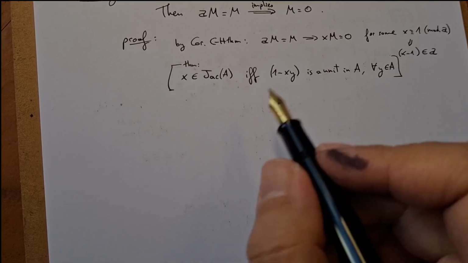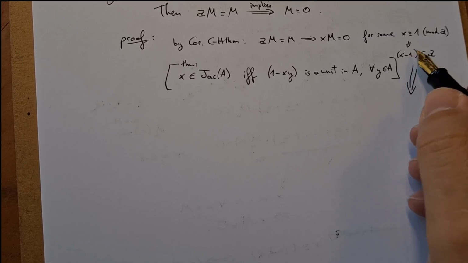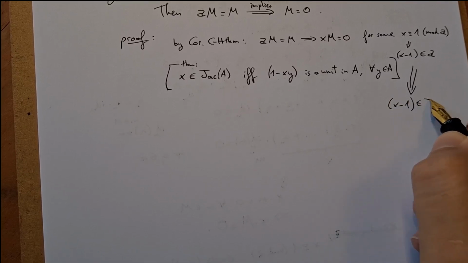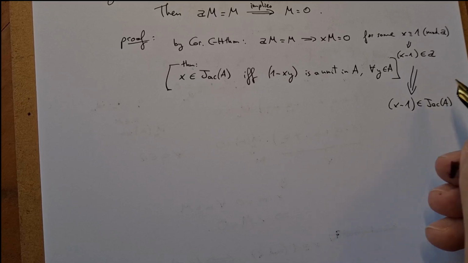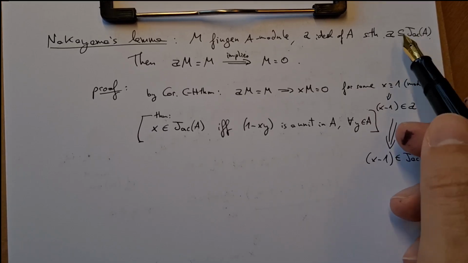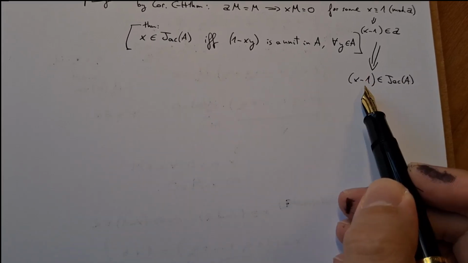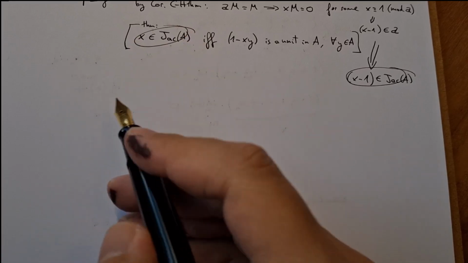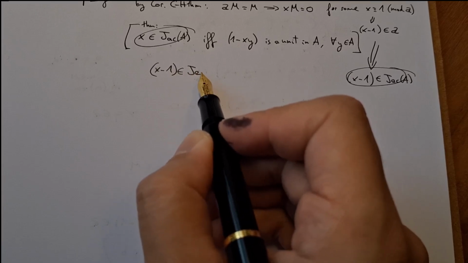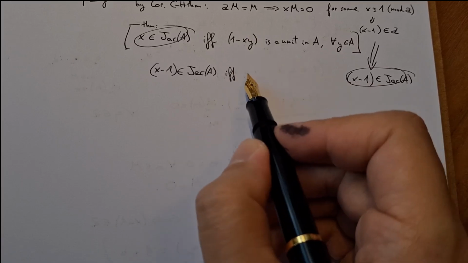So we're going to use this. Since x minus 1 is an element of this ideal, this means that x minus 1 is an element of the Jacobson radical of A, because the ideal is a subset of the Jacobson radical of A. So then we have this, and you can see that this is quite similar to the theorem. So x minus 1 is an element of the Jacobson radical of A if and only if there is this.